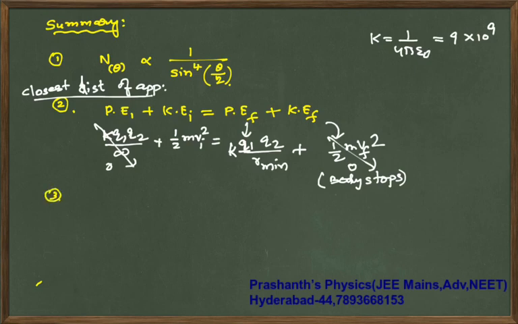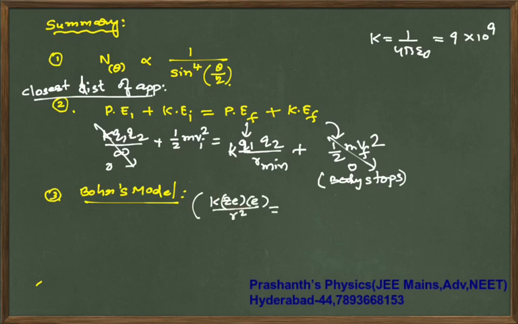Now coming to Bohr's model, two equations are mainly correct here, that is k q1 q2, k z e into e by r square is equal to mv square by r, and angular momentum mvr is equal to nh by 2 pi.